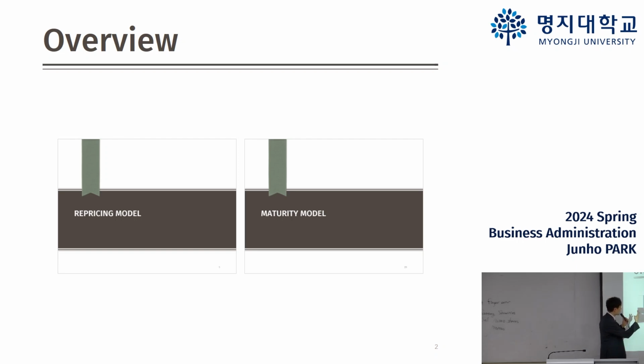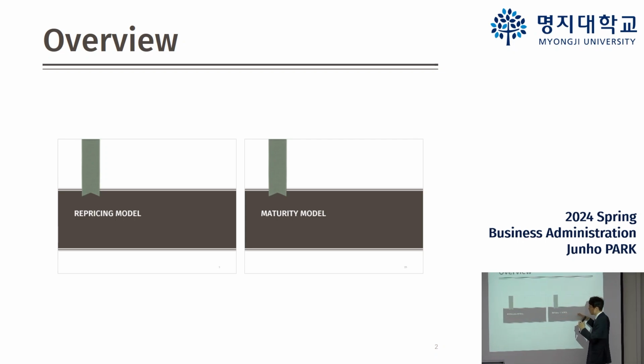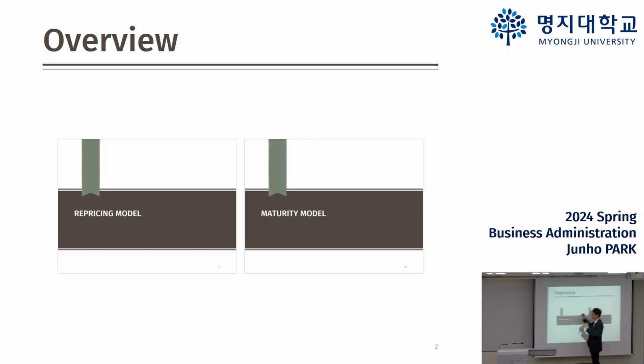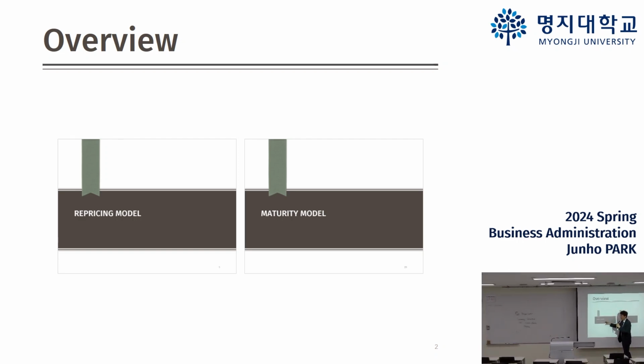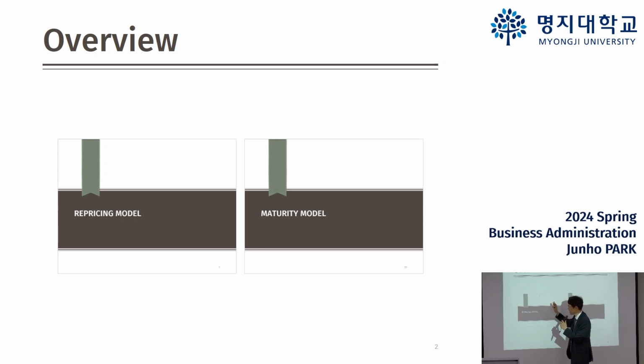There are two models, the repricing model and the maturity model. The repricing model is a traditional model that explains the degree of the interest rate risk. And the maturity model is a substitute or a complement, because there are some disadvantages or limitations in the repricing model.